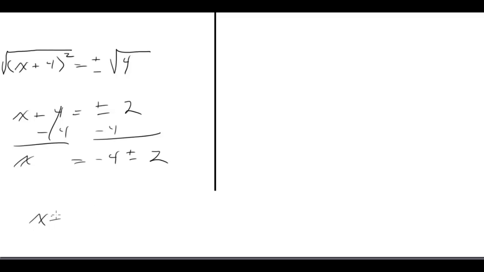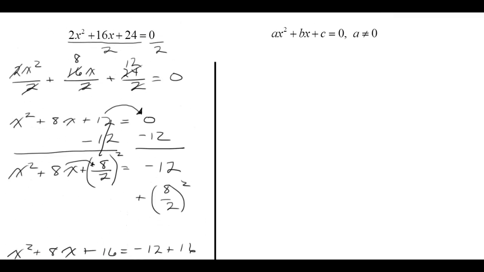X equals minus 4 plus 2, minus 4 minus 2. Minus 4 plus 2 is minus 2. Minus 4 minus 2 is minus 6. Alright, so much for review.